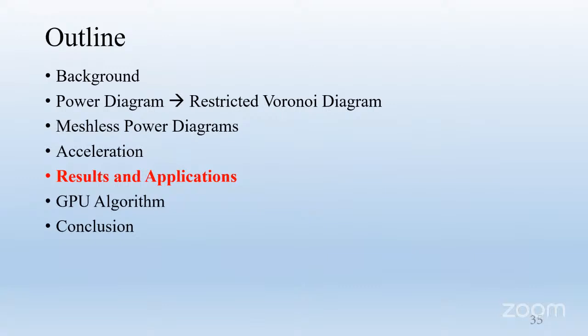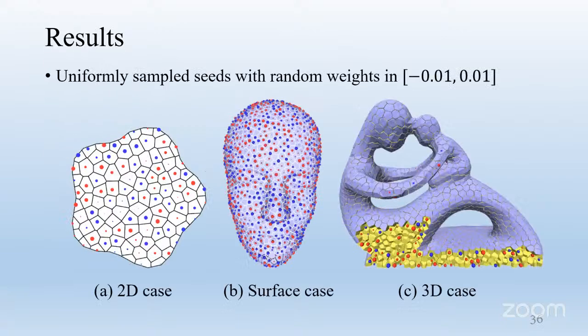Next, we come to the part of results. We test our method on different domains, including 2D polygons, surface meshes, and 3D polytopes. Here are the power diagram results of 2D, surface, and 3D cases, respectively.